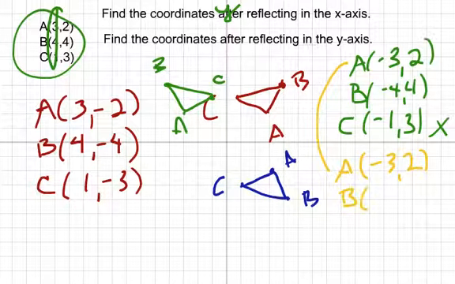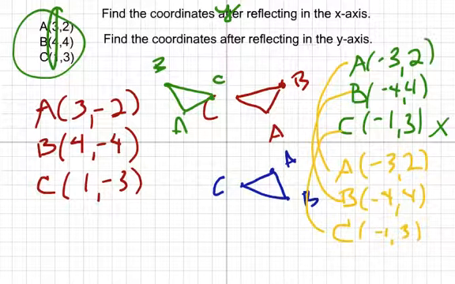And B is -4, +4, and that matches that one. And C is -1, +3, and that matches that one. So like I said before, you can do either one, whichever one is easier for you to do, either plotting the points or just changing the sign in the front. And let's go on to the next one.